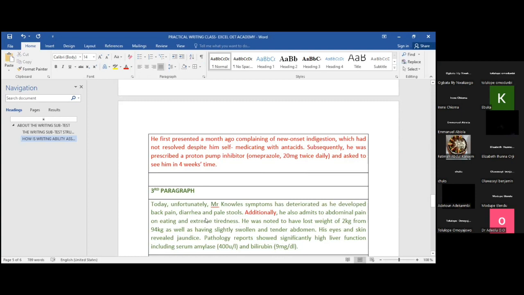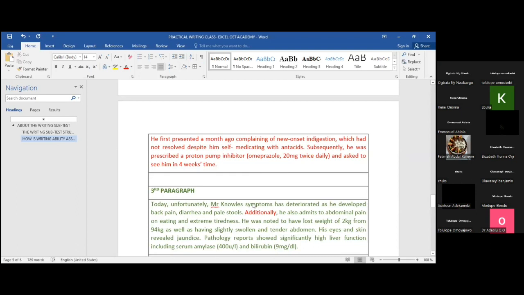Remember that in the case notes it was fatigue, so I'm trying to vary words. I didn't say fatigue here. Look for a synonym. What can I use? Extreme, let me put an adjective to it. Extreme tiredness. Full stop.